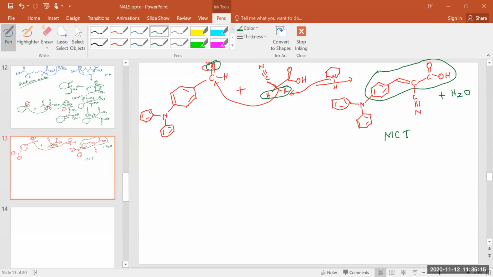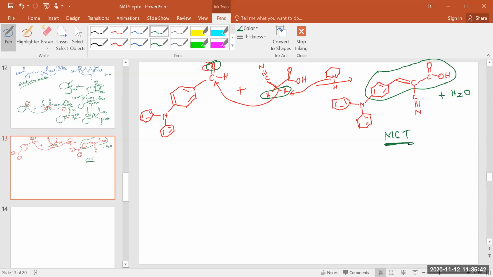You guys will study some higher biochemistry, molecular biology, and will hear about this. They are monocarboxylate transporter inhibitors, and they are very potent against solid tumors, because this protein MCT is highly overexpressed on solid tumors.